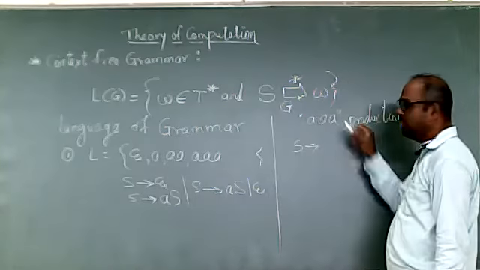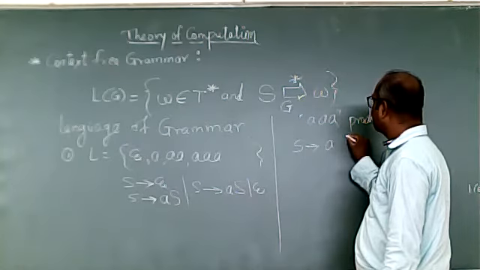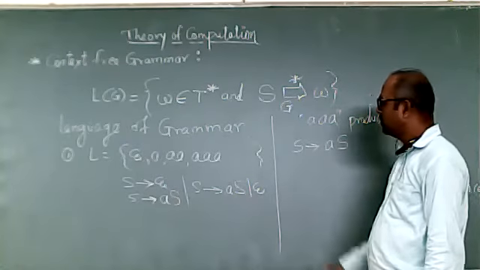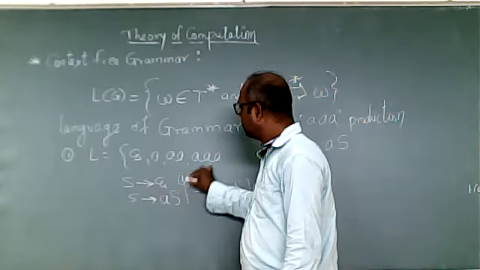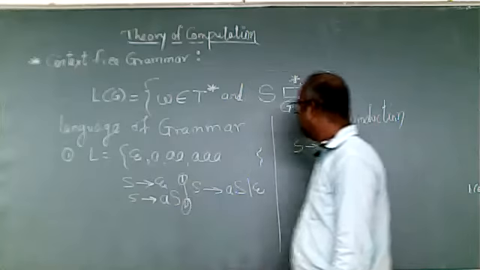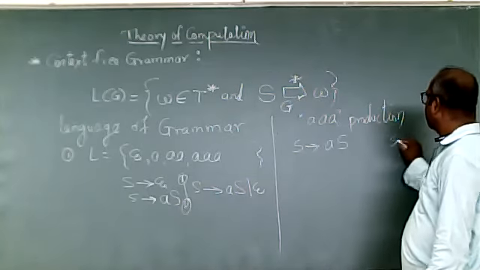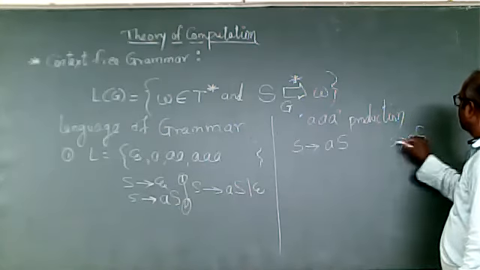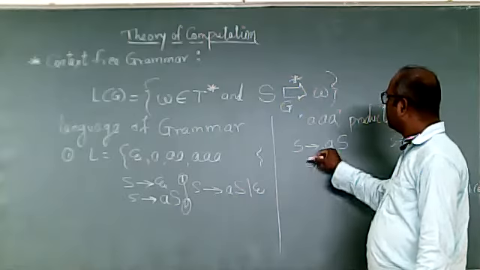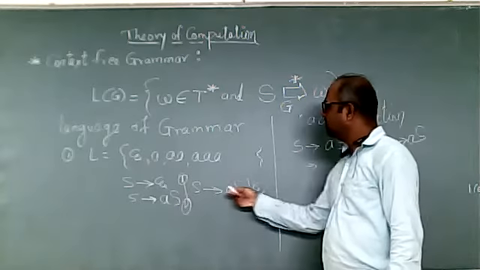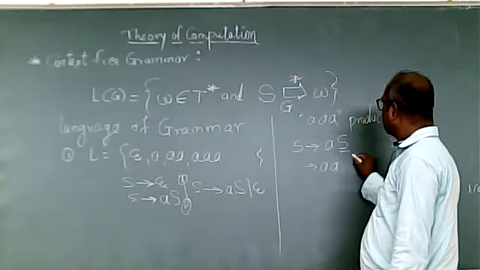To get AAA, I will use the production AS. If I name this production 1 and this production 2, with the help of the second production S goes to AS. Now again this S I will replace with the same AS.